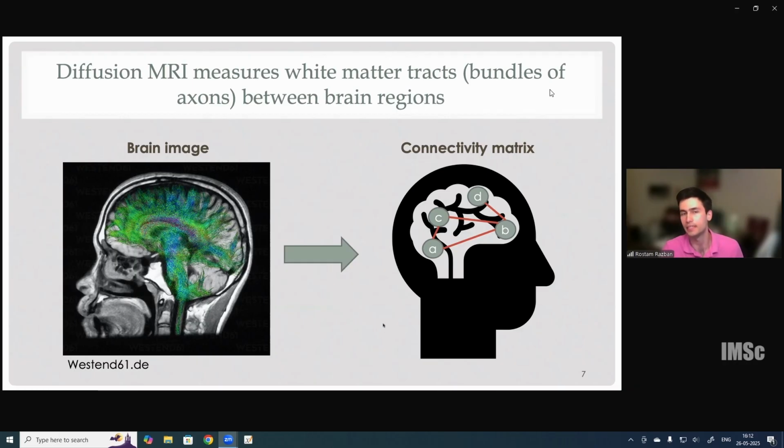But the idea is that from the image on the left, we can get all these orange connections. And we'll see that, for example, some regions are not connected to others, for example, C and D, while others, A and C, are connected. And moreover, this simplification doesn't show that besides getting length as a connection, we can also get the width of the connections, how wide these superhighways are between brain regions.